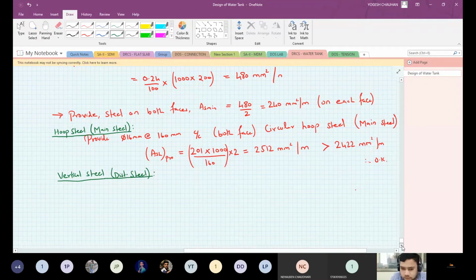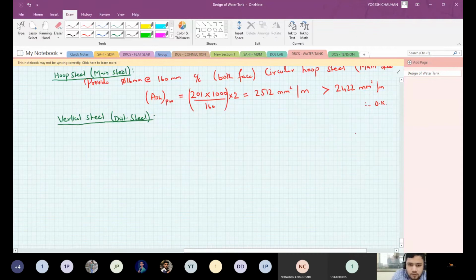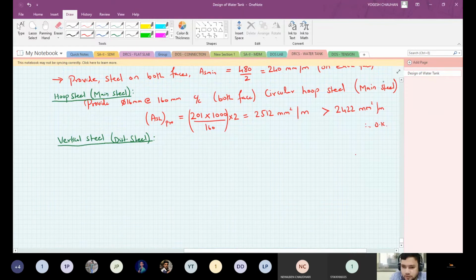Now for distribution steel, it will be based on the minimum steel requirement of 240 mm square per meter.